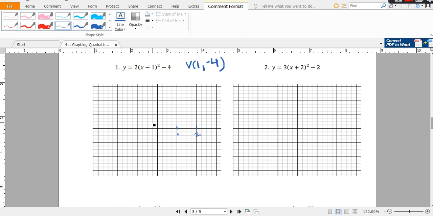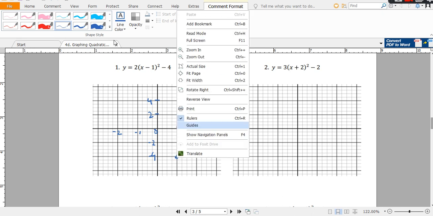Okay, so 2, and then 0, and then label this one -1, -2. And then down here, I'm going to label each of these as -2, -4, 2, 4. Okay, so the vertex of 1, -4 is going to be right there.